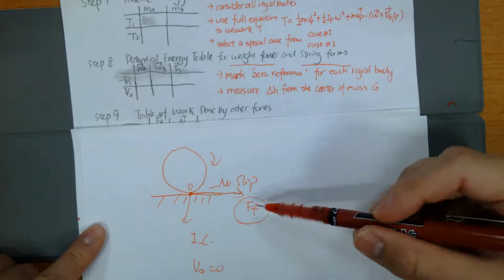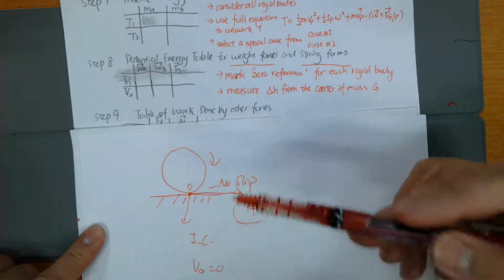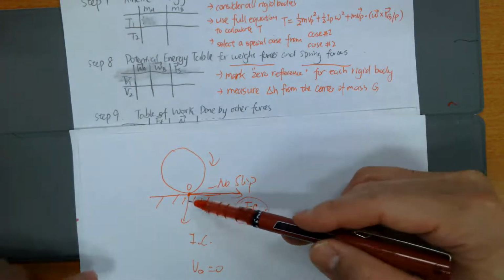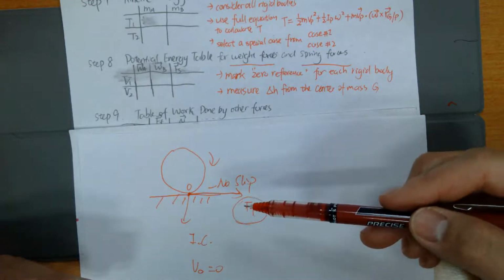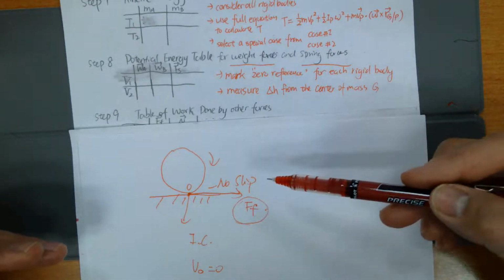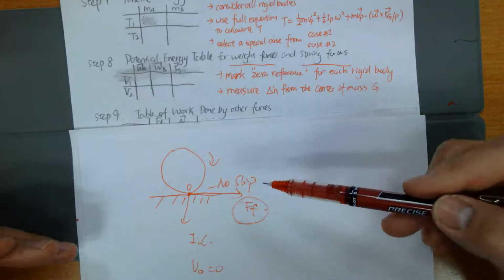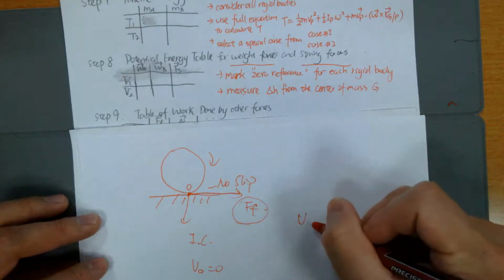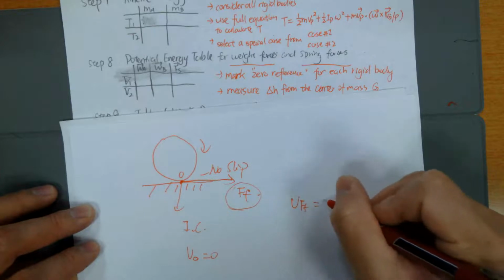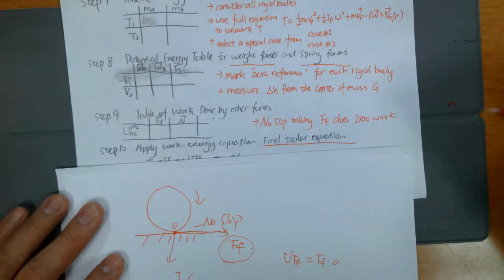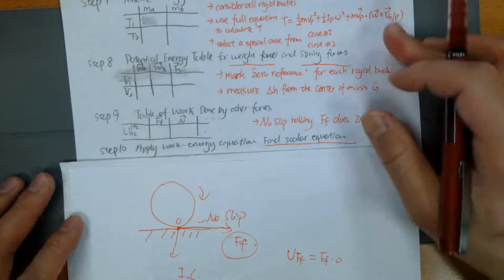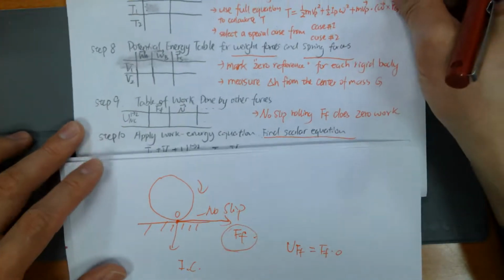So this friction force is acting at a point with no velocity. If the point has no velocity, there's no distance traveled, no matter how long this disk is rolling. So work done by the friction force equals F_f times zero distance, which is zero. So that's a special case to remember for this table in step 9.